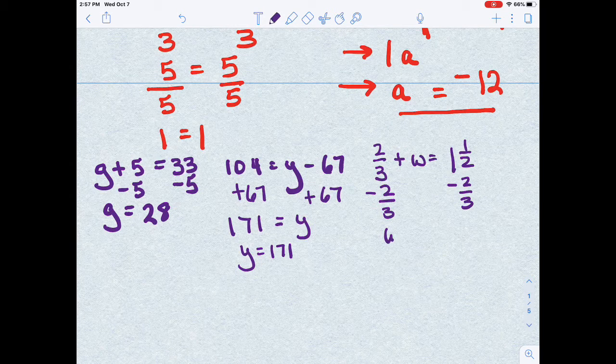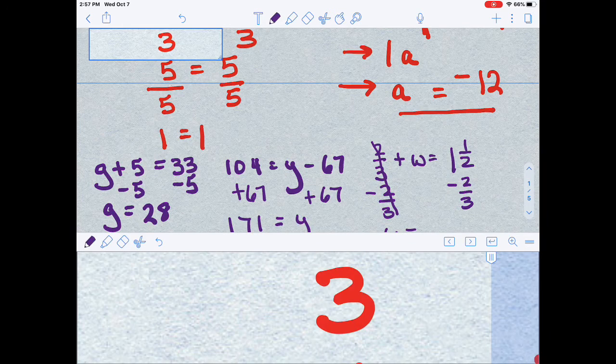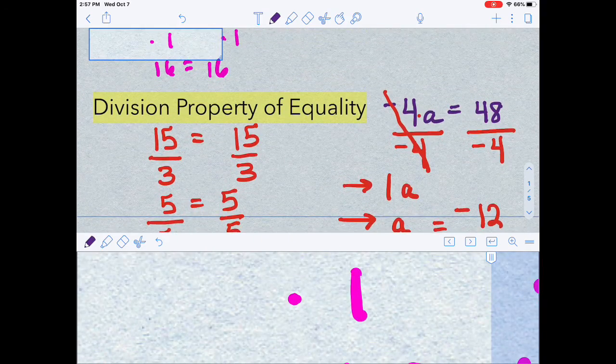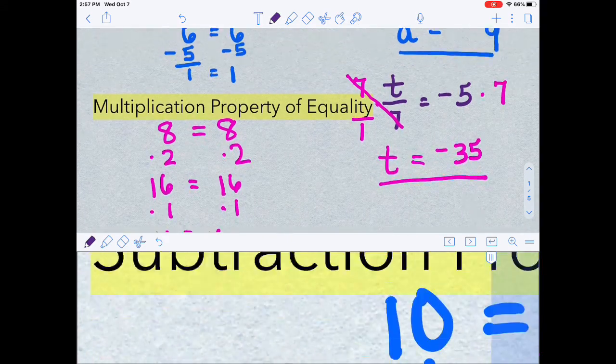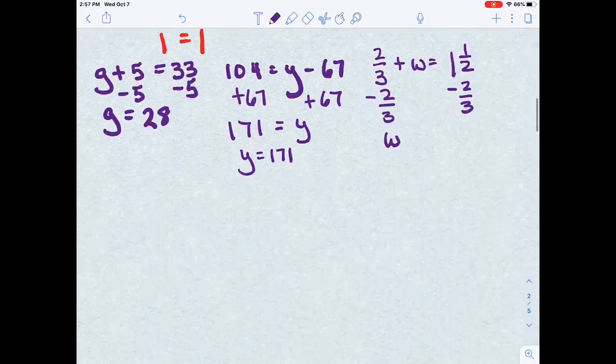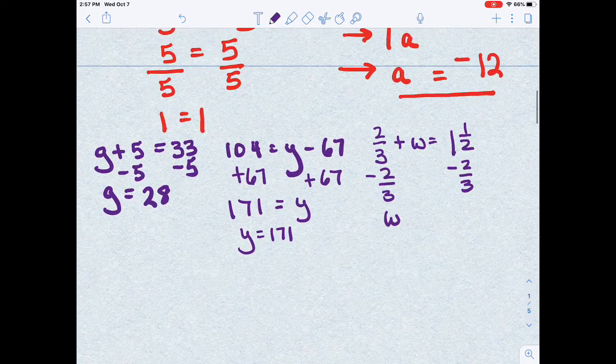So I have w, so it's canceled, equals 1 1/2, which if I have to do this by hand, that's odd. Goes back, please go back. Not sure what's happening here. There we go.